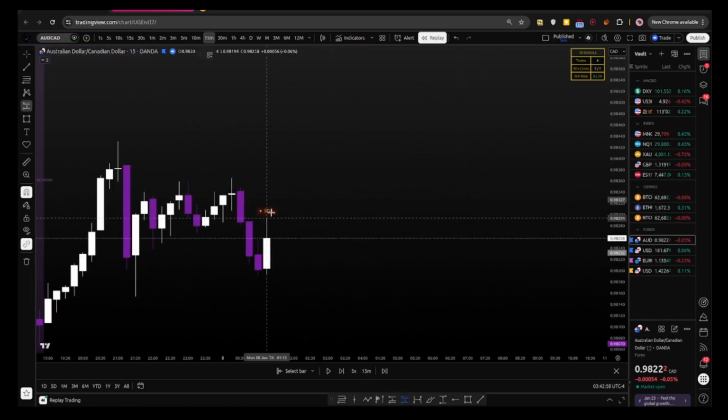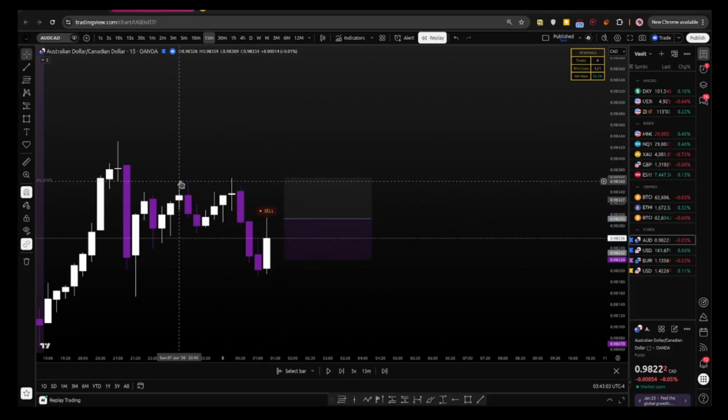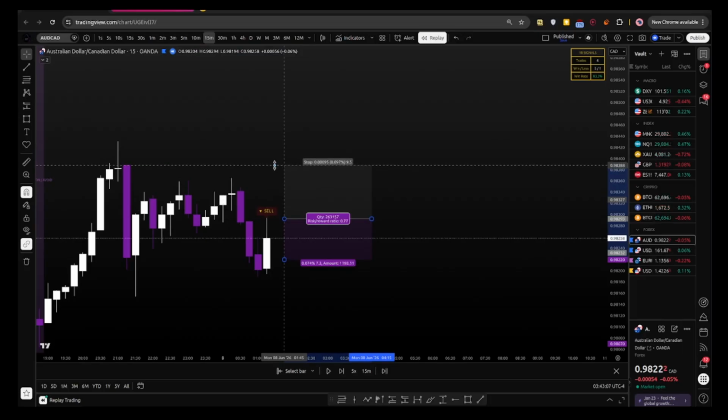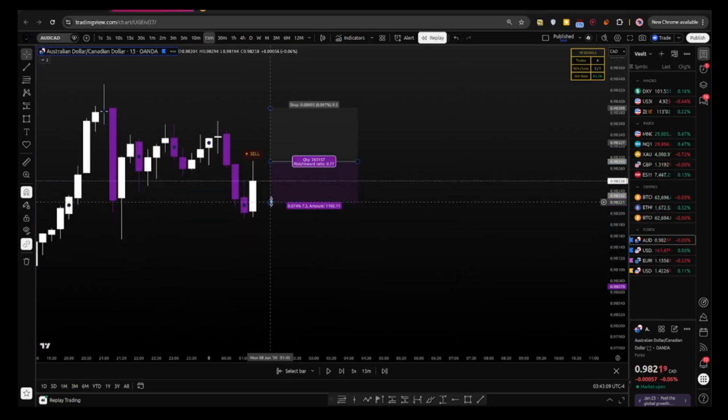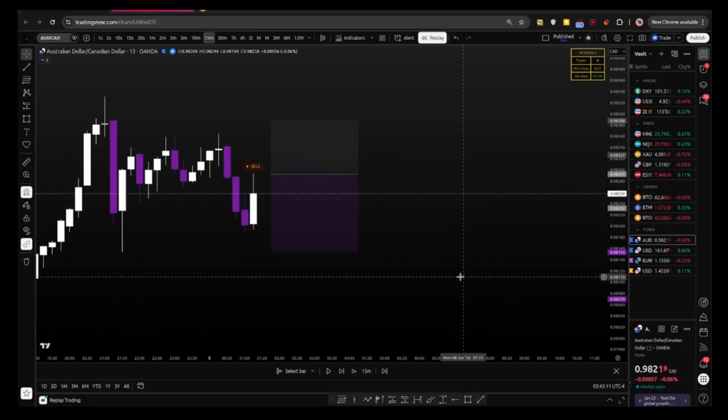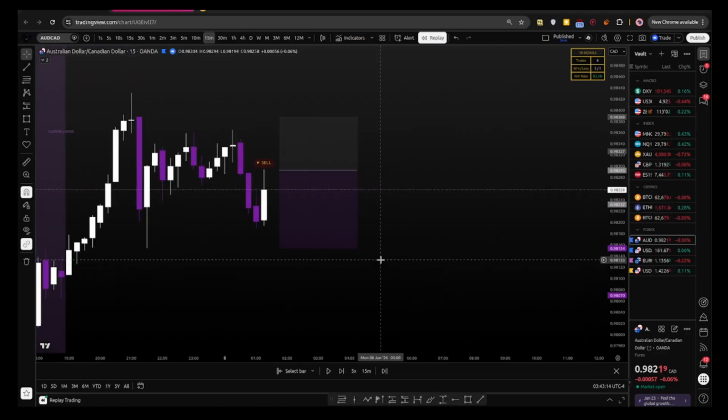Now, short here. Again, the same issue here, which is relative equal highs. No, this high was taken, so it's good. But stop loss there, maybe a bit low perhaps. And let's see.